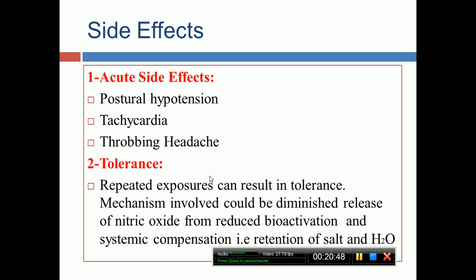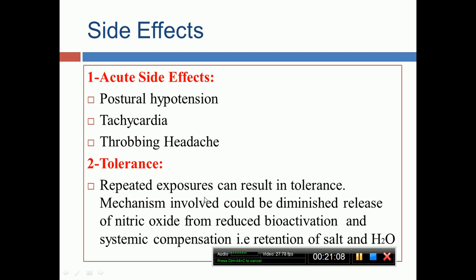Side effects. Acute side effects means immediately after the administration. Postural hypotension, tachycardia, and throbbing headache due to accumulation of blood in the vessels.